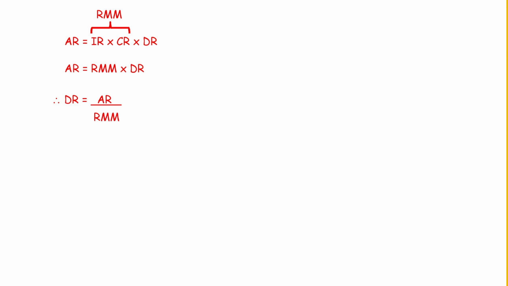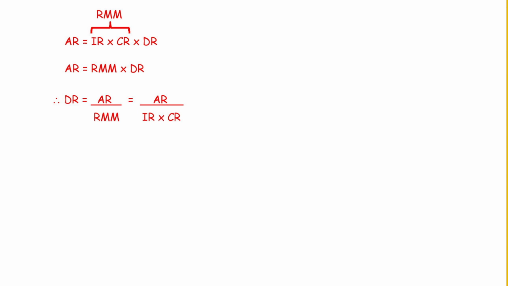That's AR divided by RMM, which is also equal to AR divided by IR into CR. So we could say that detection risk is inversely proportional to RMM. So as RMM or IR and CR increase, the detection risk needs to decrease.